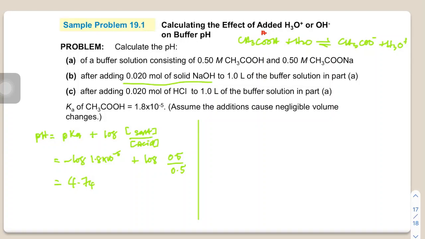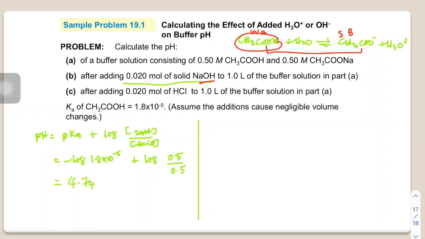During dissociation, this is its conjugate pair, so this is the base. Weak acid, strong conjugate base. So when sodium hydroxide is added, it will react with the acid because sodium hydroxide is a base. So we write the equation of the reaction. This time we have to construct the reaction table, almost the same as the ICE table.